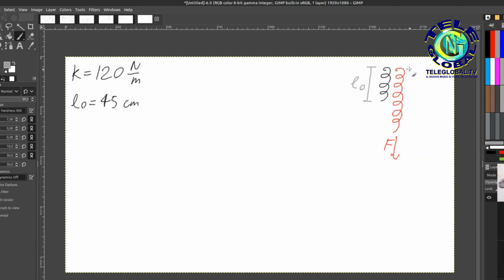And you observe that its length changes, of course, and it has now become 60 centimeters. And so you want to know what force is being applied.